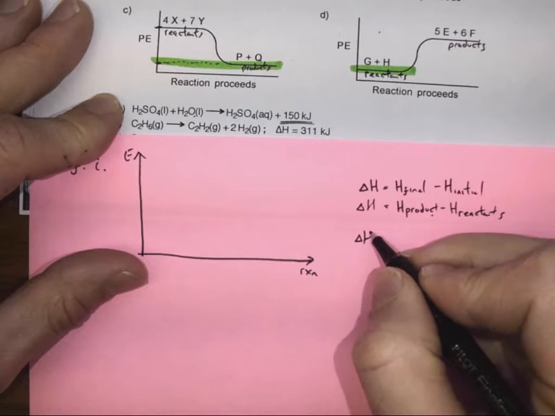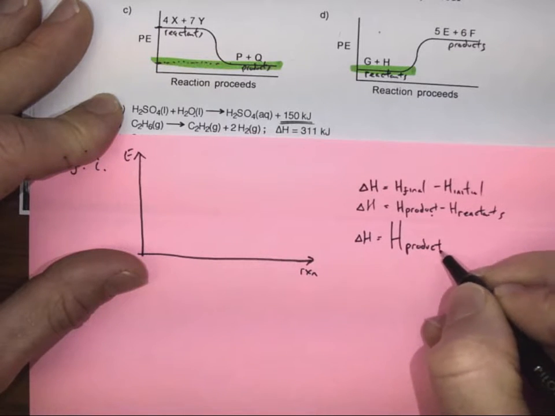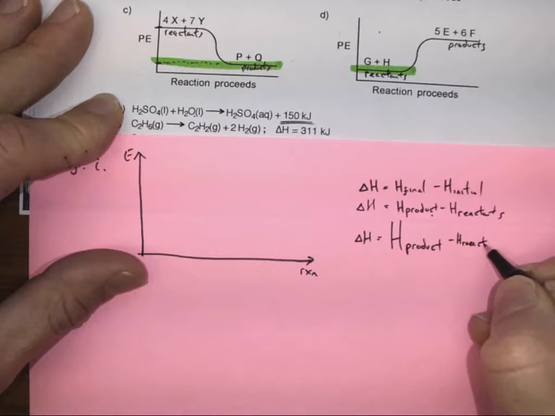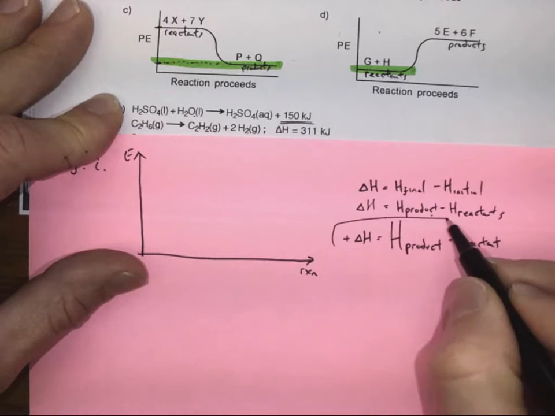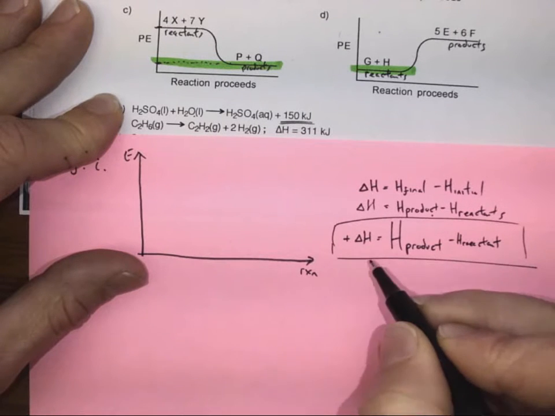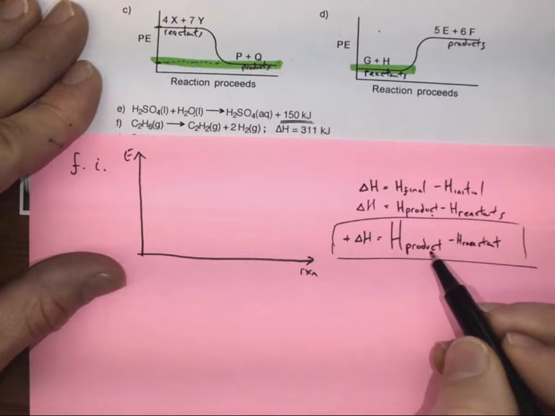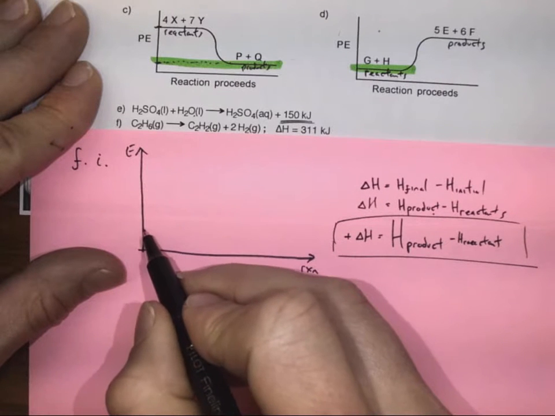So if our enthalpy change is positive, the products must have had more enthalpy than our reactants. I can emphasize that idea by drawing my H product big and my H reactant small. That's how I get a positive value for my change in enthalpy, if my products have a higher enthalpy than my reactants. Now I can draw my energy diagram.